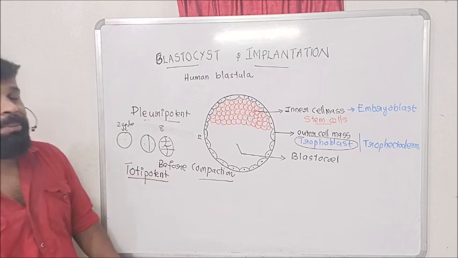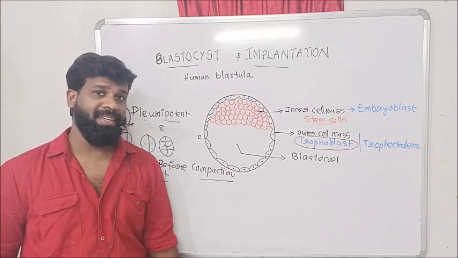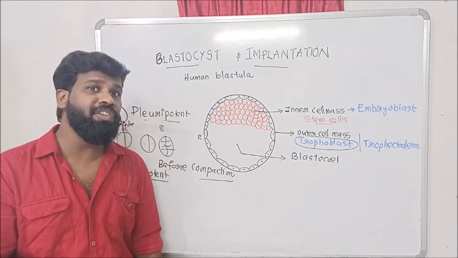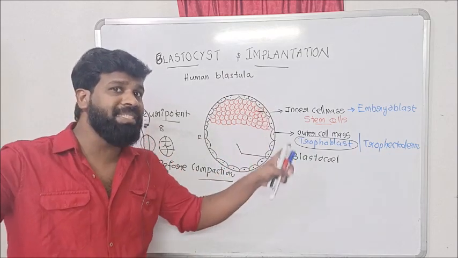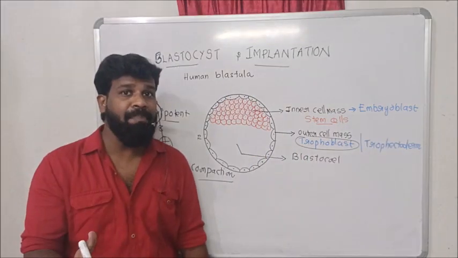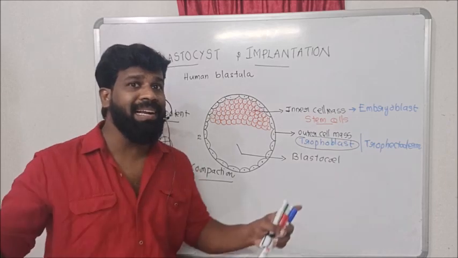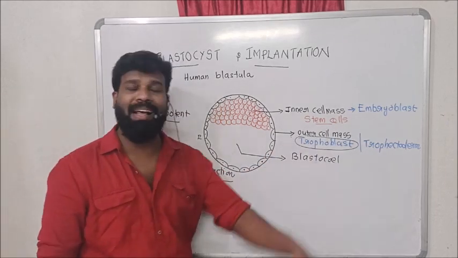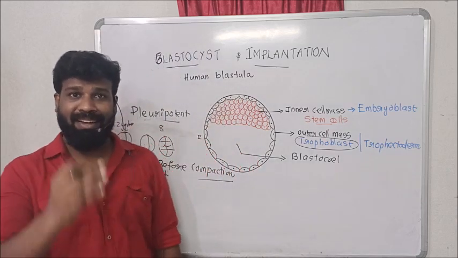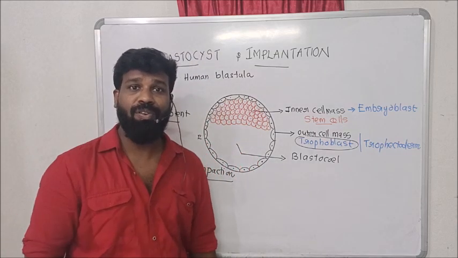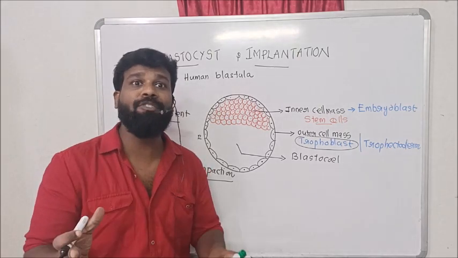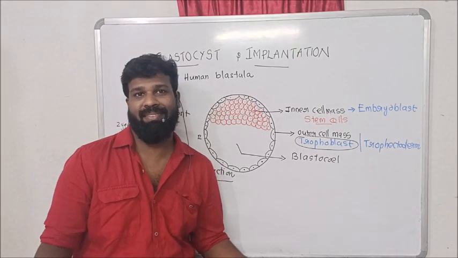Totipotency means having the ability to develop all the cell types including the trophoblast. That condition is totipotency. In our embryonic life, up to the 8-celled embryonic stage, the blastomeres are totipotent.